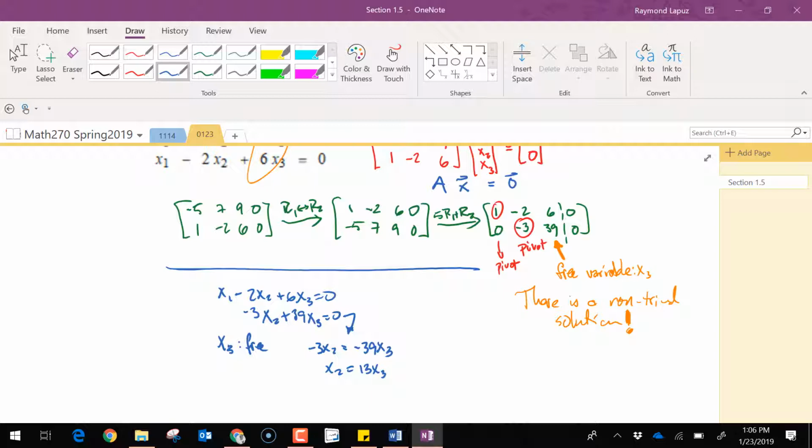That means I can let it equal 1, 2, 3, an infinite number of numbers, and there's your infinitely many solutions. So the free variable has an infinite number of possibilities. So there's infinitely many choices.